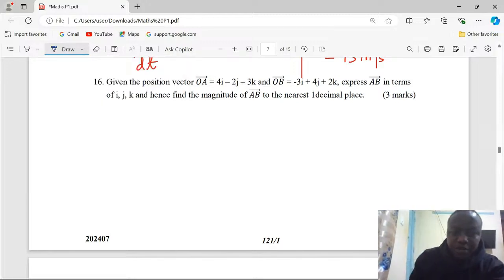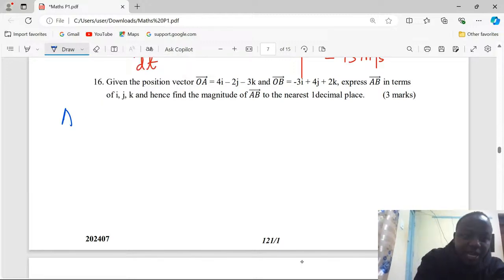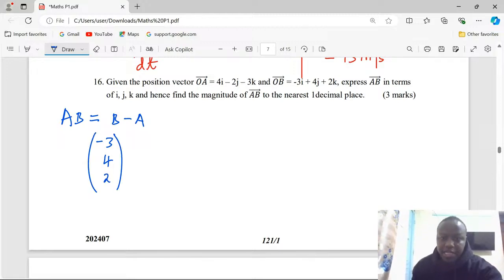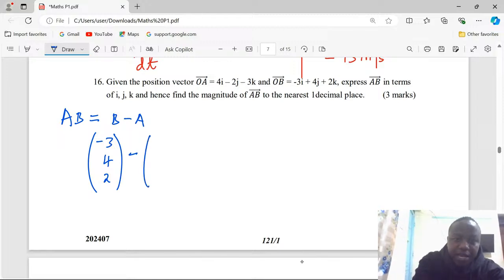What we're supposed to know is that for us to get vector AB, we are supposed to take B minus the position of A. I'm writing them as column vectors. From the position of B, negative 3, 4, and 2, then I subtract the position of A, which is 4, negative 2, negative 3.